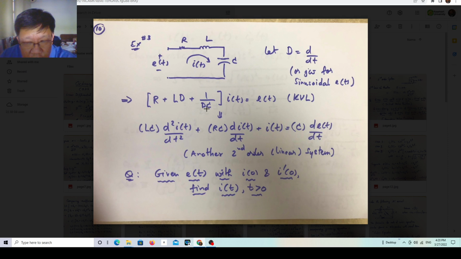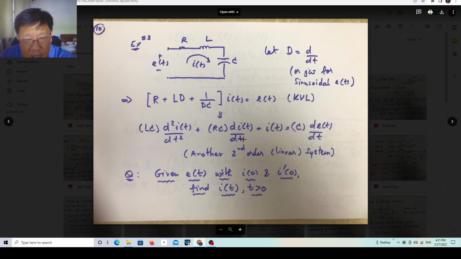Let's say I multiply both sides by D times C. The right hand side becomes C times d e(t) by dt, the derivative of the function e(t).